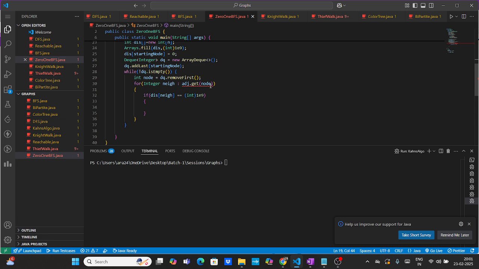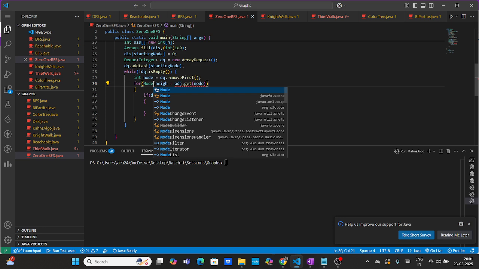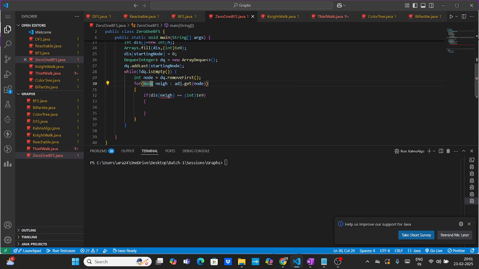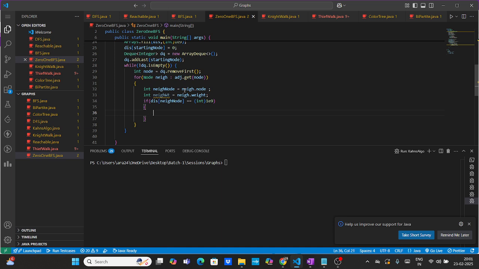Now instead of this, because we are iterating on the node type, what we'll do is int neighbor node is nothing but na.node, and int neighbor weight is na dot weight. If we are visiting it for the first time, we have a couple of conditions to deal with.